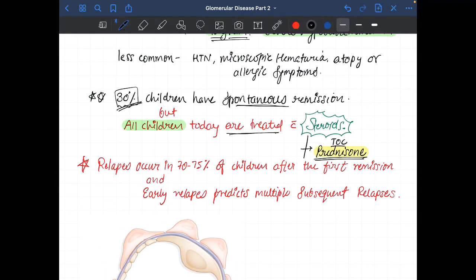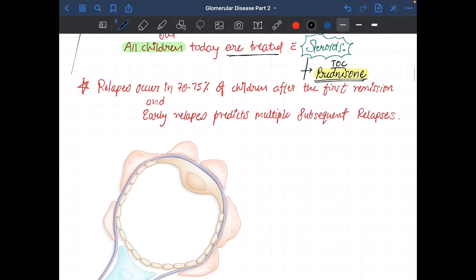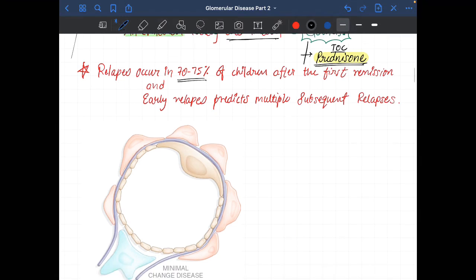So two things to take note: 30% have spontaneous remission, and relapse can occur in 70 to 75% of children after the first remission, and early relapse predicts multiple subsequent relapses. If the relapse is early, it increases the chance of subsequent relapse. There can be more episodes of minimal change disease in the future if the relapse occurs in less time.